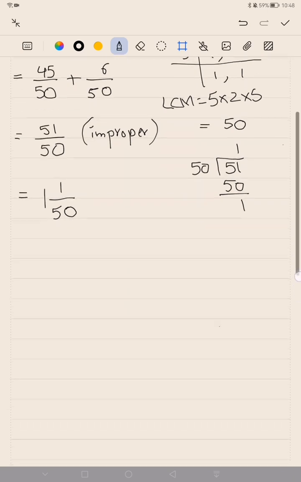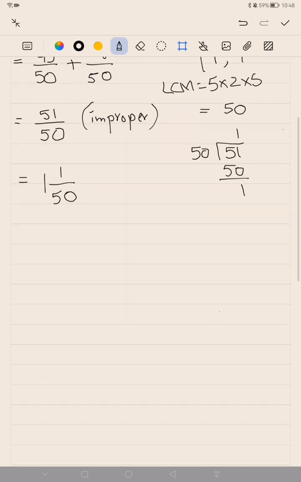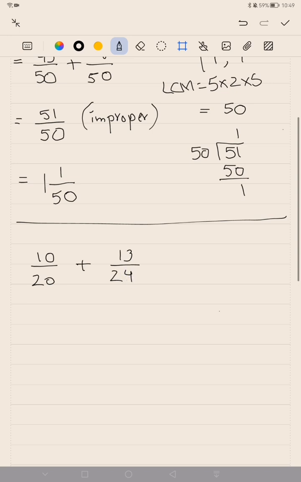Let's do another example. If we have two fractions, 10 over 20 plus 13 over 24. Notice that both the fractions have different denominators, 20 and 24.